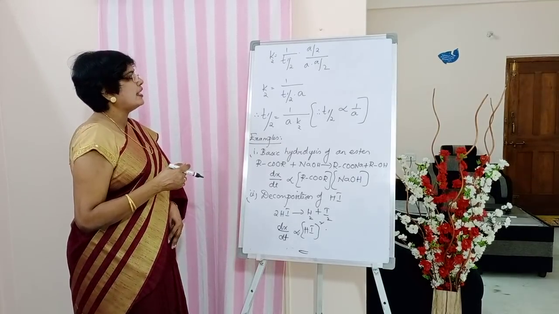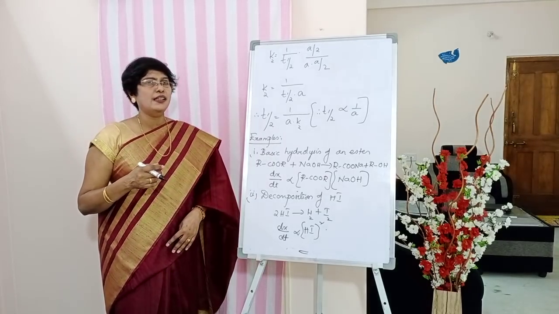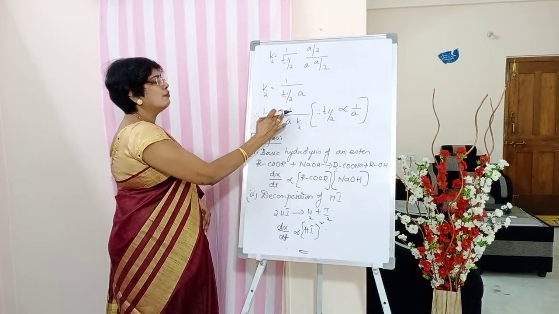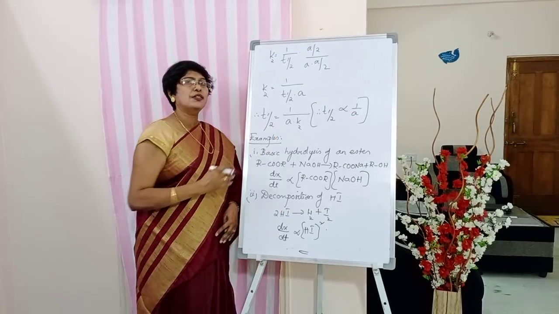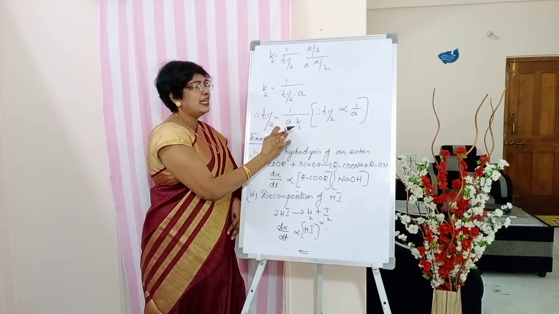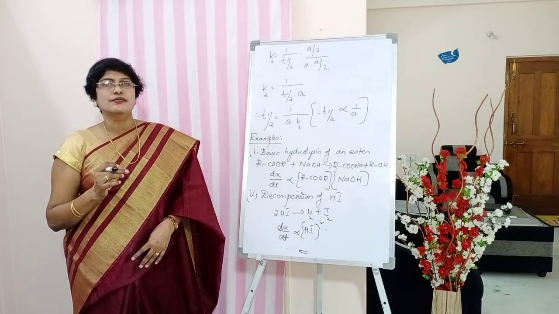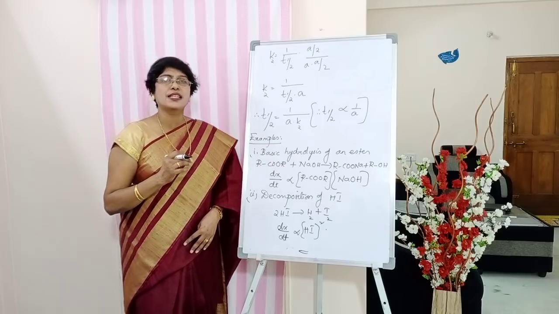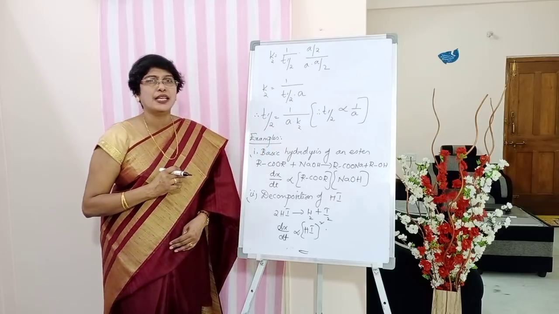What remains, students? K2 is equal to 1 by t half into a. Therefore, t half is equal to 1 by a into K2. So where is initial concentration, students? In the denominator. Therefore, half-life is inversely proportional to initial concentration, 1 by A. So we proved it now. The second characteristic of second order reactions: half-life is inversely proportional to 1 by A.